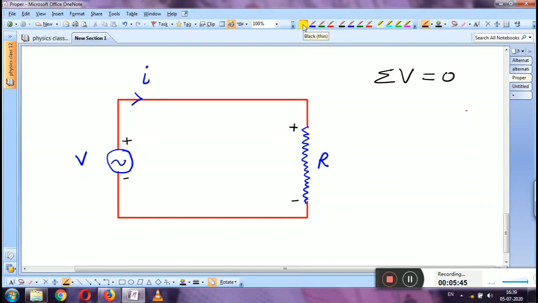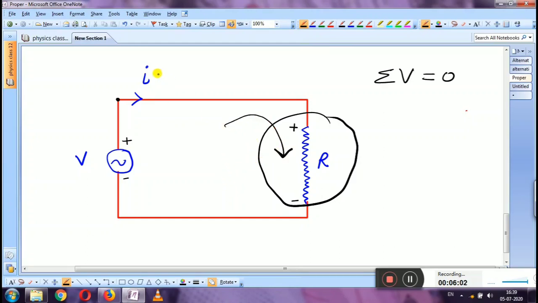When you apply Kirchhoff's voltage rule, second rule, then what will you get from here? Suppose from this point you started moving. First, what you got? You got this resistor. In this resistor, what current is coming? I. So the product IR will give you the voltage drop.